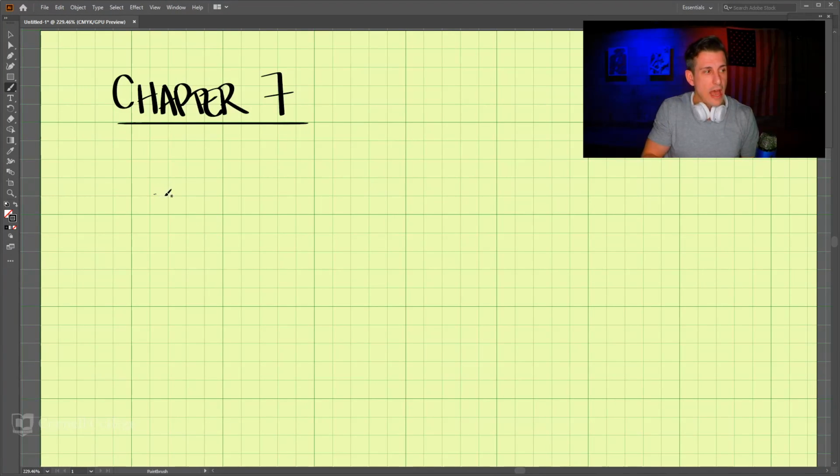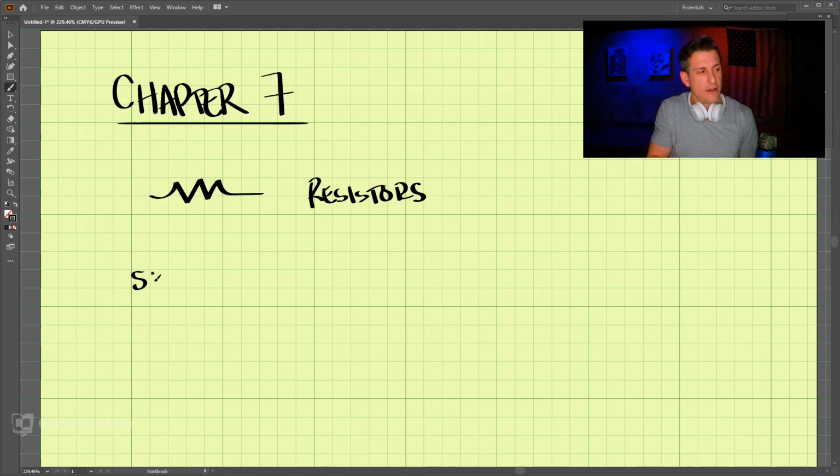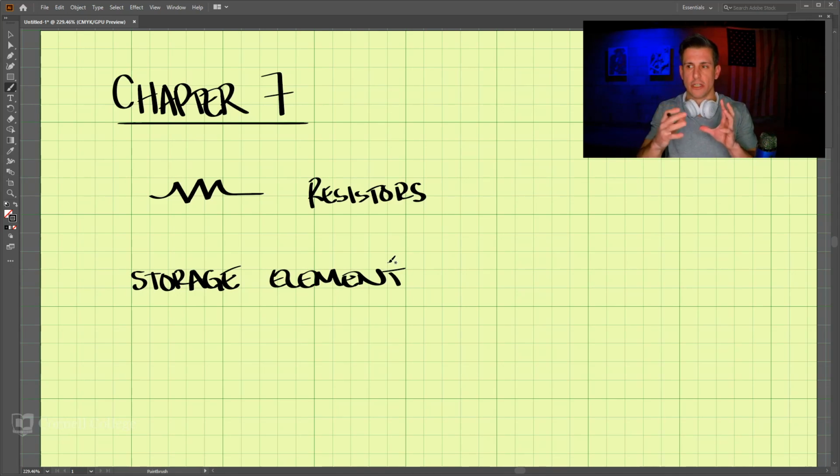So we have analyzed these resistive circuits, so with resistors. But then we also have these storage elements, the storage elements that store energy.